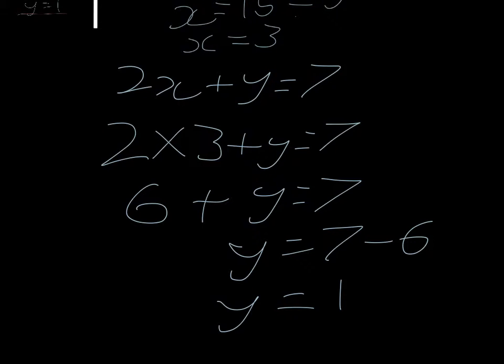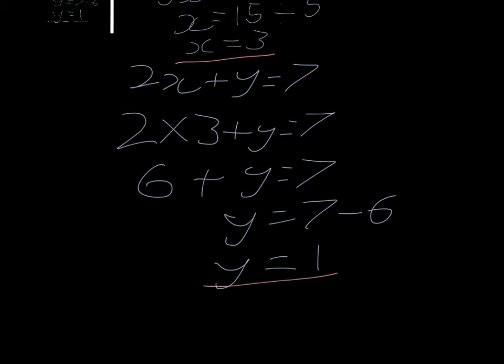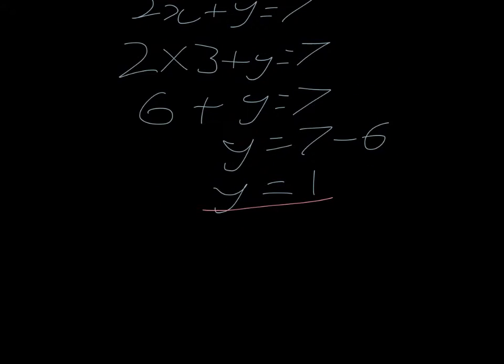Now at this point, I can do one of two things. I've got my answer up here, which I'm going to underline, and I've got my answer here, which I can underline, or I can actually write them out again so it is really clear, and I've got x is equal to 3 and y is equal to 1. You just need to make sure your answer is clear.